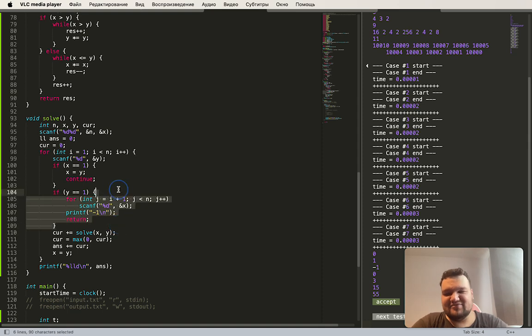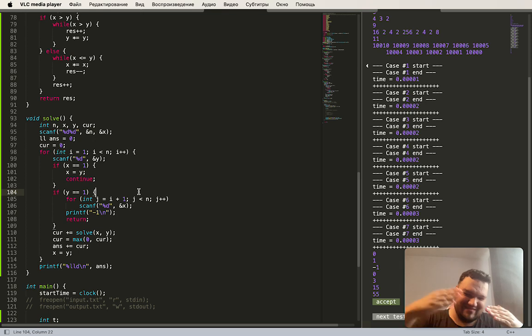But if something like that happens, if there is some alert condition when you just need to throw everything away and say, okay, it's impossible, you need to not forget to read till the end of the input, because there is multitest and you need to read it so you can solve the next case.